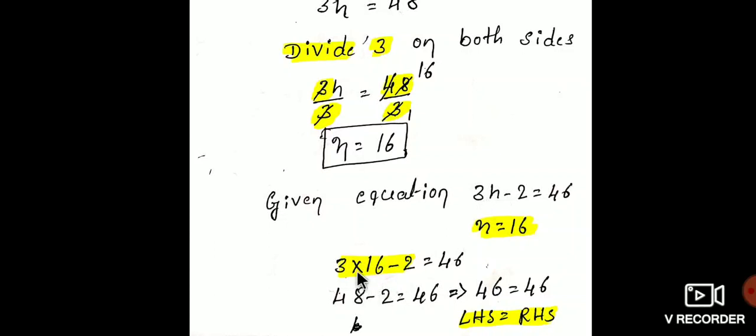The n value is 16. 3 into 16 minus 2 is equal to 46. 3 sixteens are 48, minus 2 is equal to 46. So 48 minus 2 is 46, in the RHS side is 46, therefore LHS is equal to RHS.